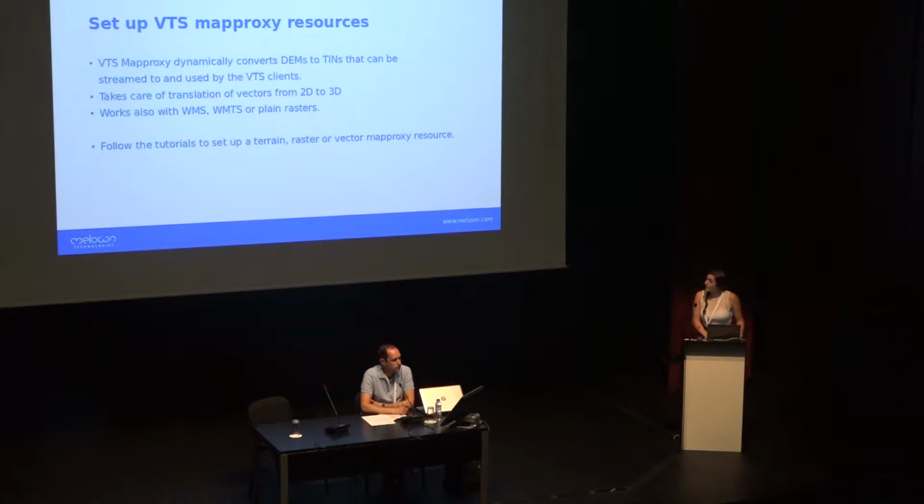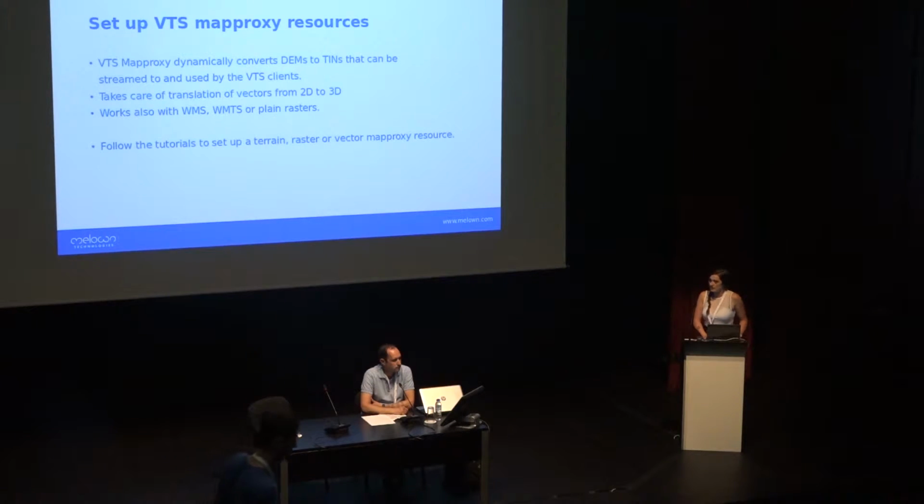Once you have it up and running, it's time to set up the VTS map proxy and your own resources. VTS map proxy dynamically converts DEMs to TINs that can be streamed to and used by the VTS clients.